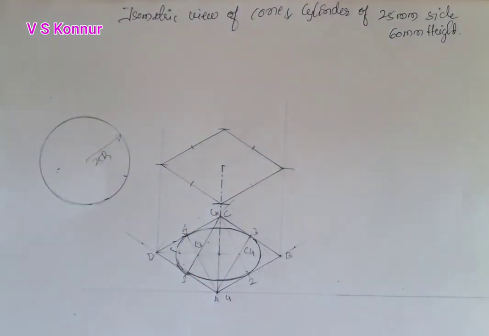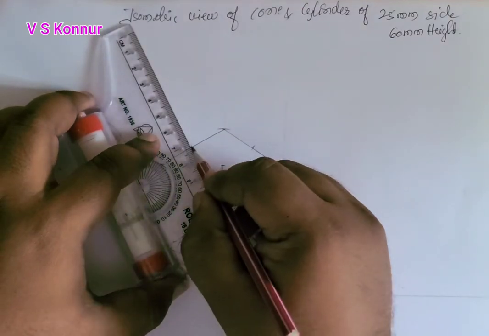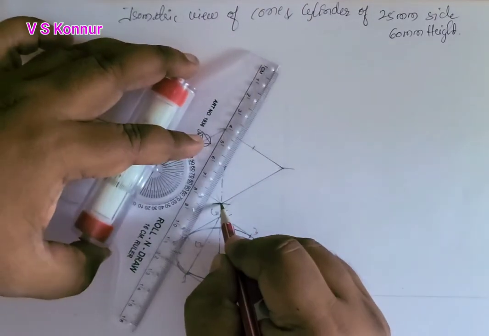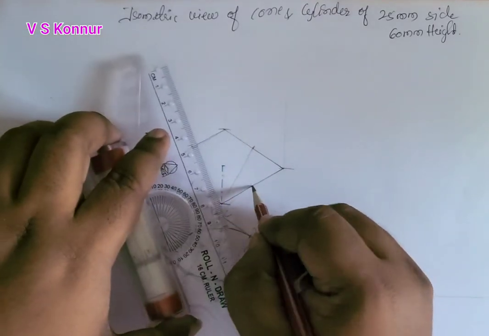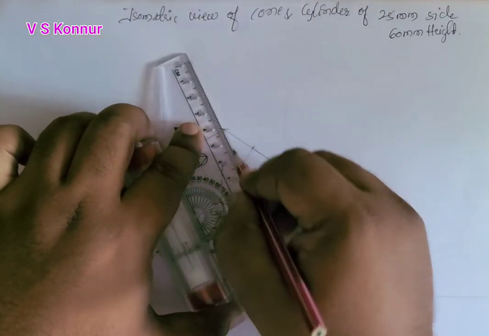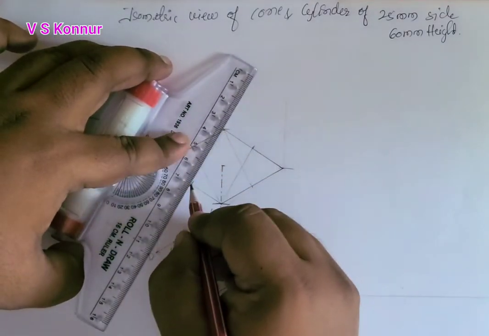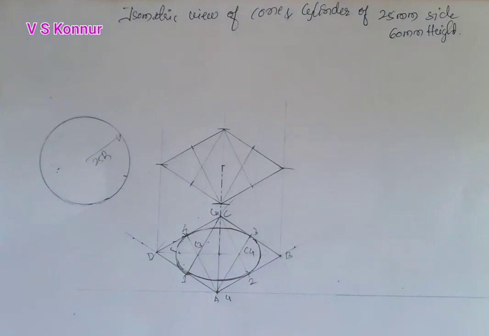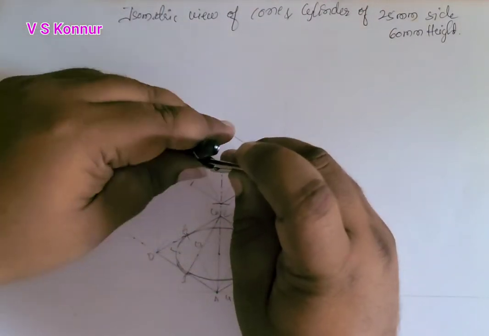Once again we have to join the opposite sides. Now we got all the corners at the top also.